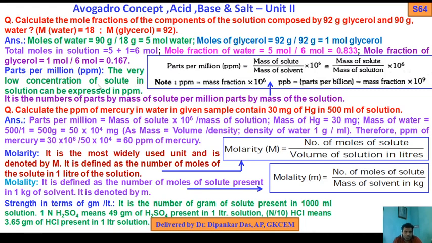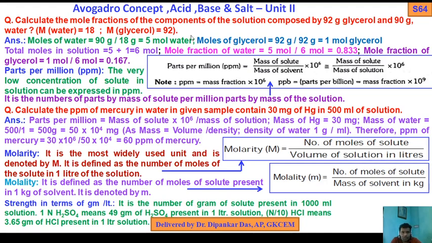The very low concentration of solute in solution can be expressed in ppm, milligram per liter, which is equivalent to ppm. When we talk about dissolved oxygen, BOD, COD, hardness of water, generally we measure in ppm. So very low concentration of solute in solutions can be expressed in ppm.